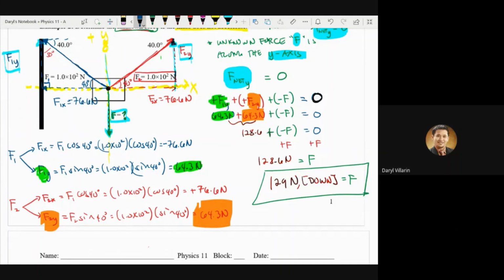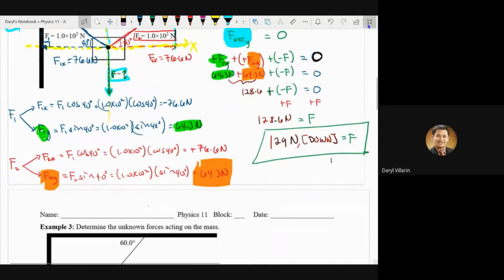Even though I don't know F1, but I know, let's say, what my F2 is, right away I'll have the x component of my F1, which is 76.6. And if I know the angle, I can use trig to solve for the magnitude of F1. Okay?